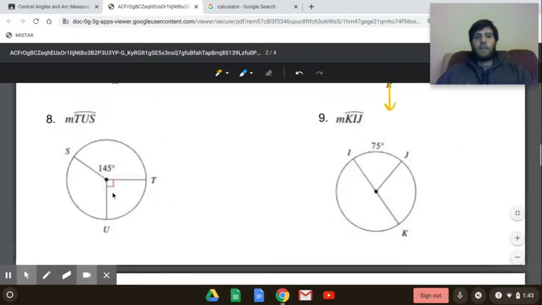Right? You have 90 degrees. You know the measure around a circle is 360. So we can do 360 minus 145 minus 90. That's, let's see.